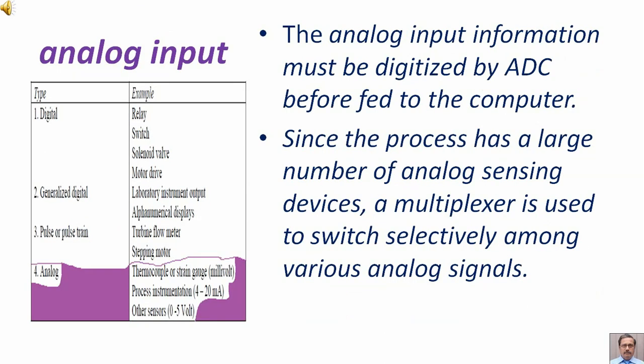Analog input. The analog input information must be digitized by an analog to digital converter before being fed to the computer. Since the process has a large number of analog sensing devices, a multiplexer is used to switch selectively among various analog signals.